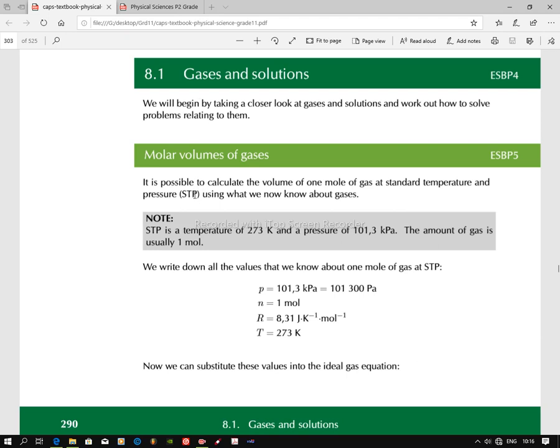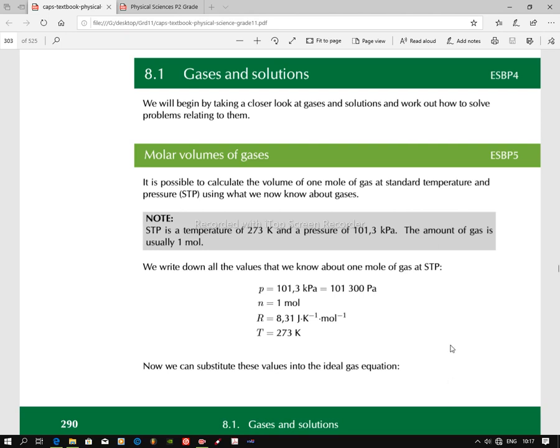The first thing that you must know is standard temperature and pressure, STP. You must know the constant of STP, you understand, which is 22.4 decimeter cubed.